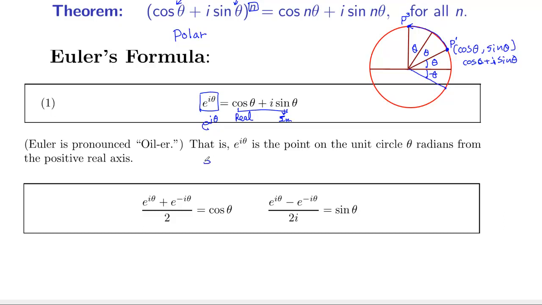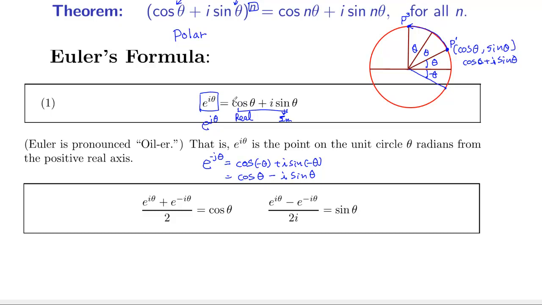Now e to the negative i theta can be expressed as cosine negative theta plus i sine negative theta. But cosine is an even function, so this equals cosine theta, and sine is an odd function, so the minus sign moves to the front.